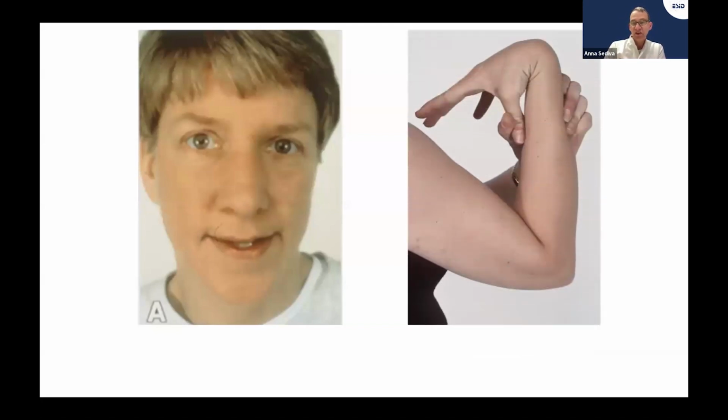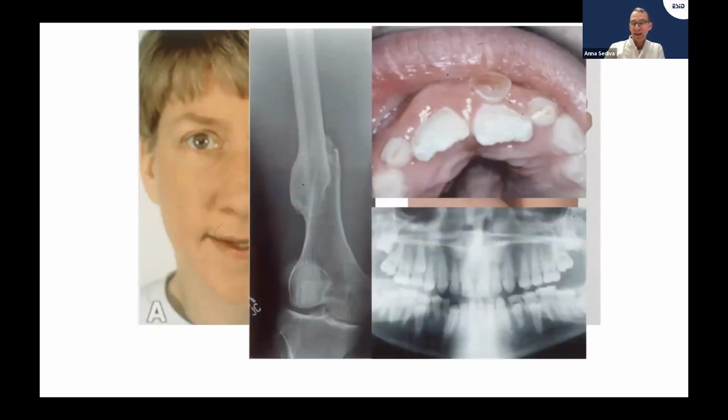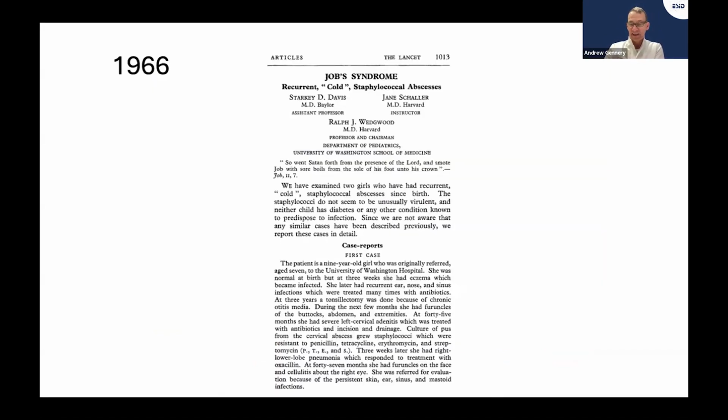We described the atopic facial presentation, hyperextensibility, recurrent bone fractures, and retained primary teeth when I did my postdoc period at the NIH with Steve Holland and Jennifer Puck back in the late last decade, century actually.